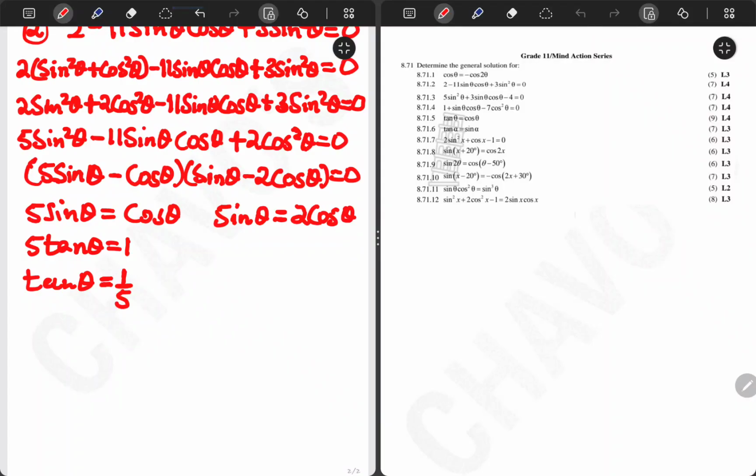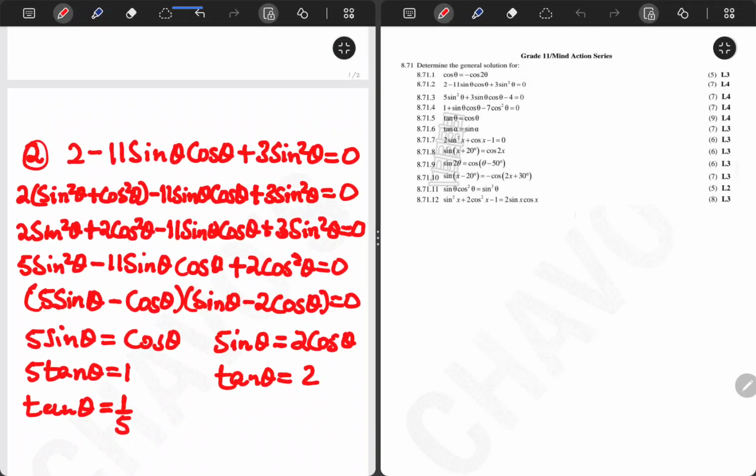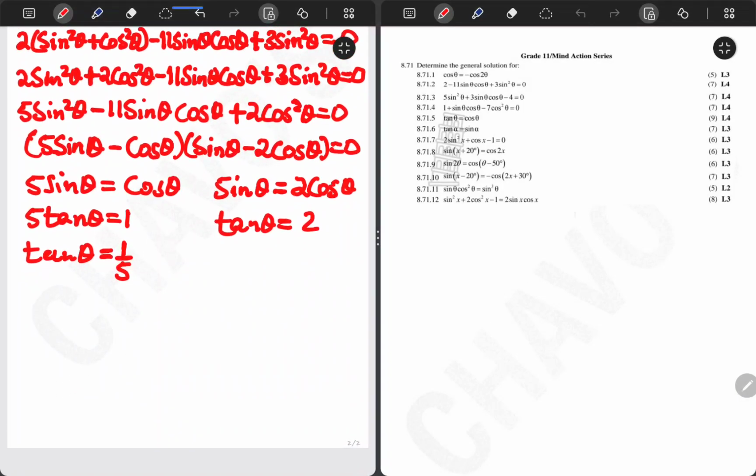Then you divide both sides by cos, and you have your tan theta equals 2. Then with the 2, you can work nicely.